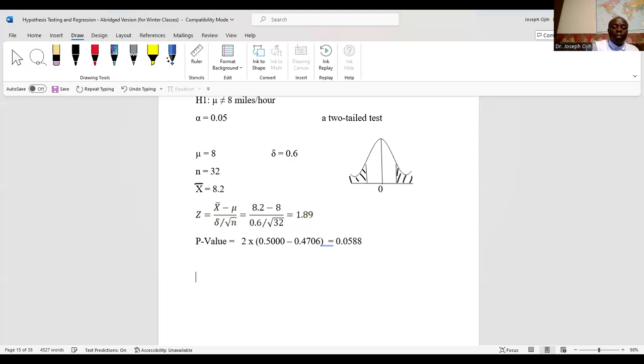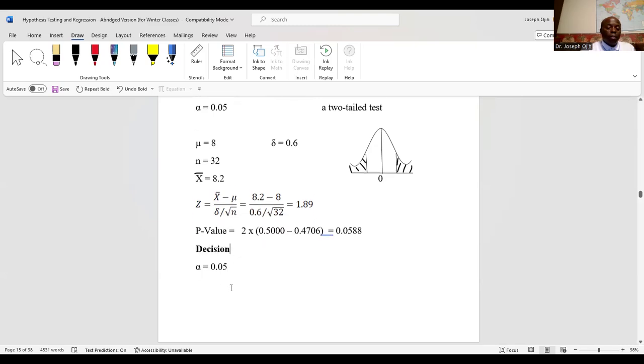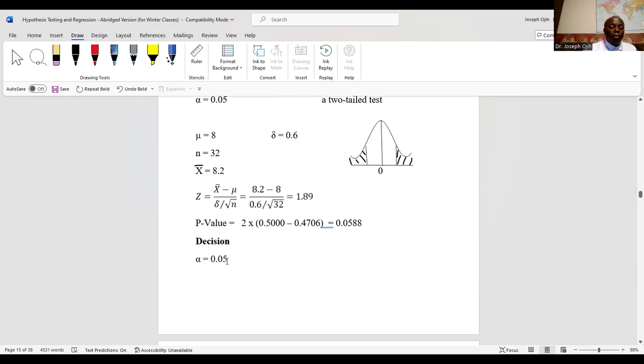Now we're ready to make our decision. Our alpha is 0.05. The p-value that we calculated equals 0.0588.